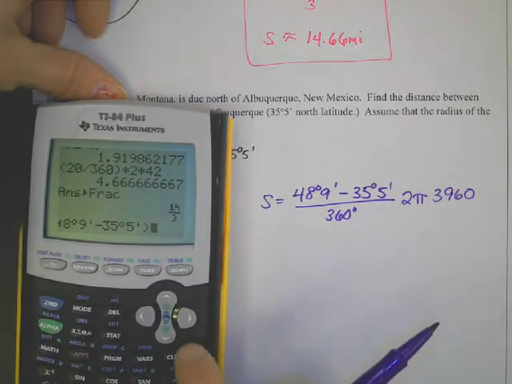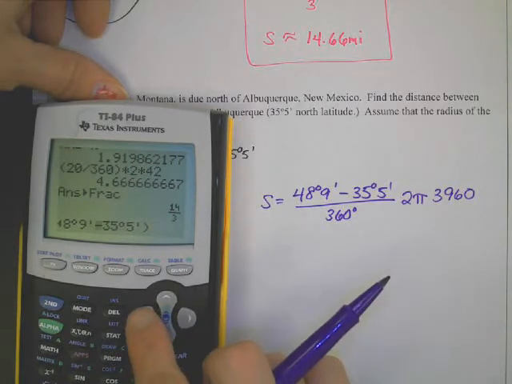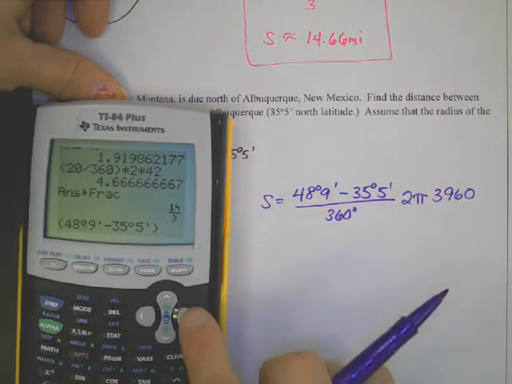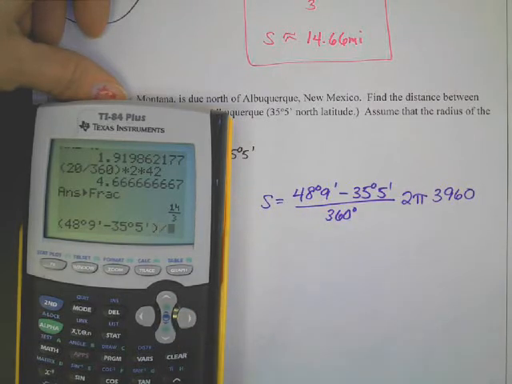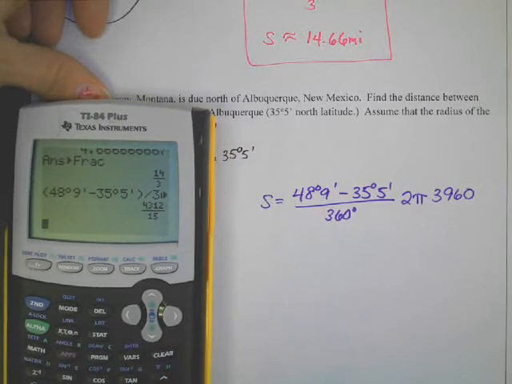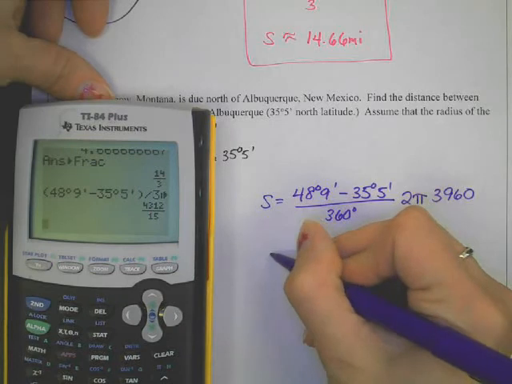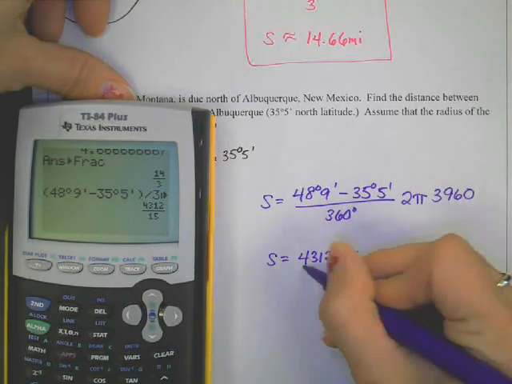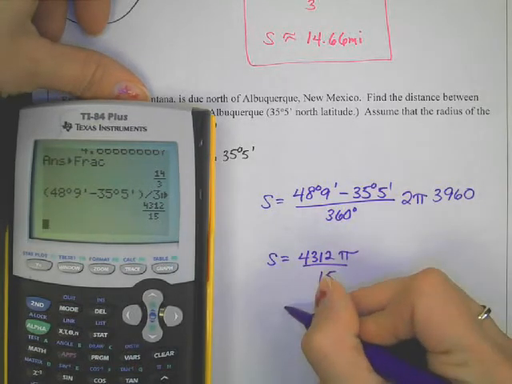And we're going to subtract those two, divide by 360, and then we're going to times by 2 times 3960. Does this answer fraction up? Oh, that is really large. This does not make sense to a lot of people. Hey, how far do you live from school? Well, this is ridiculous. But this is the exact answer.